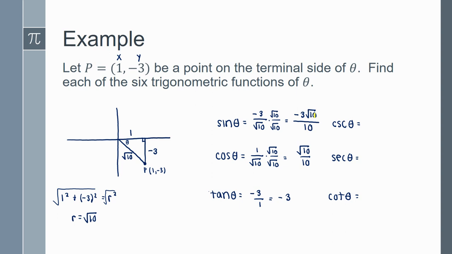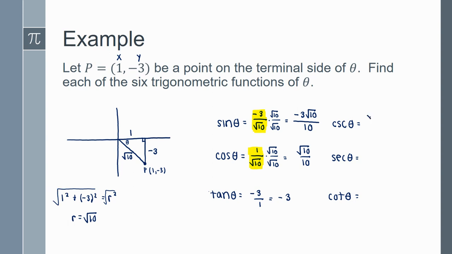So remember, I would not go back to this rationalized version here. I would go back to what my original ratio was to then flip it around, because otherwise, if you use my new -3 root 10 over 10, you're going to have to do rationalizing again. So same thing here. I would take this ratio for cosine before I rationalized it and flip it around for the reciprocal.